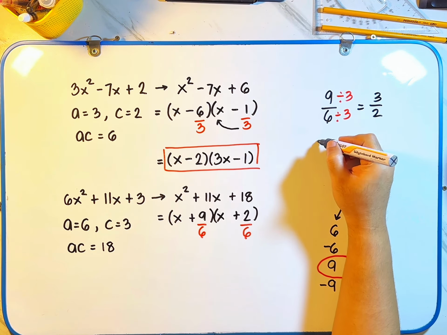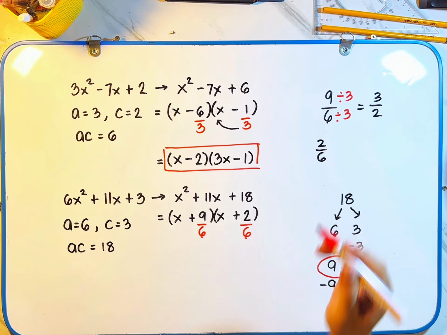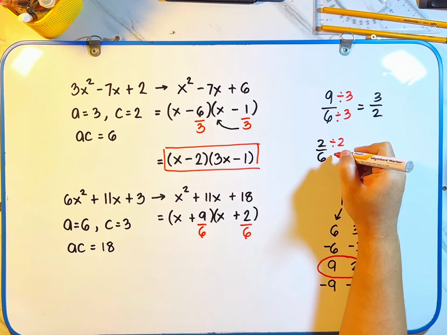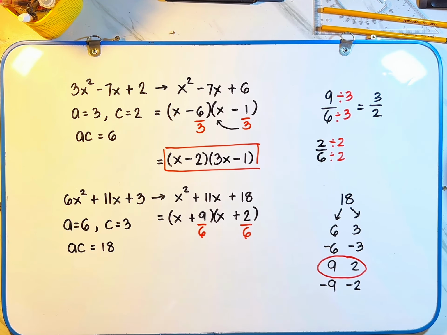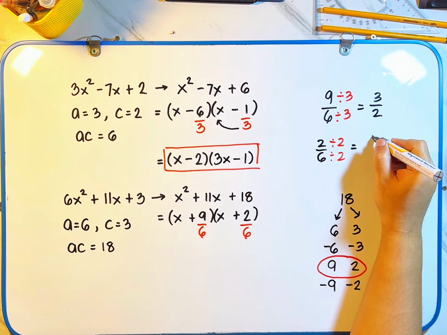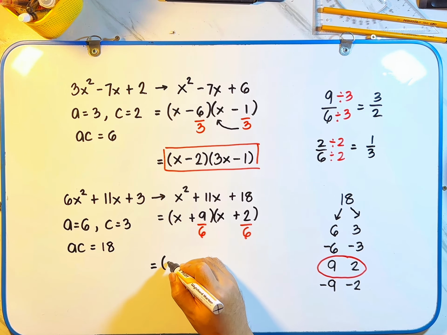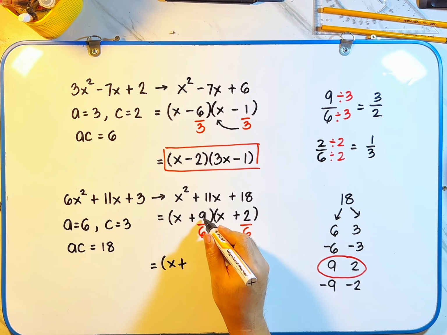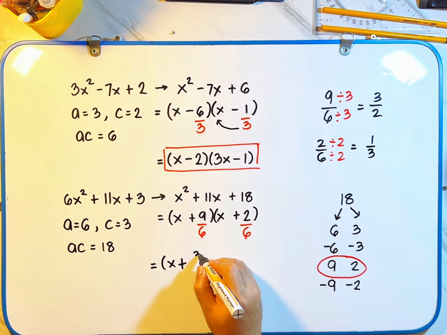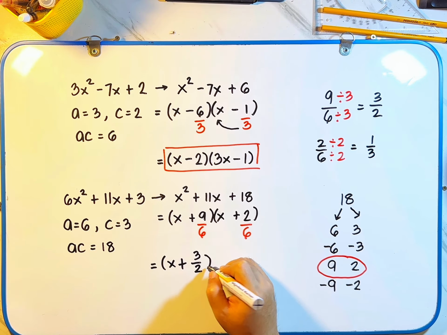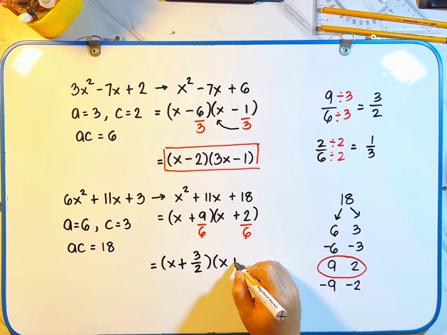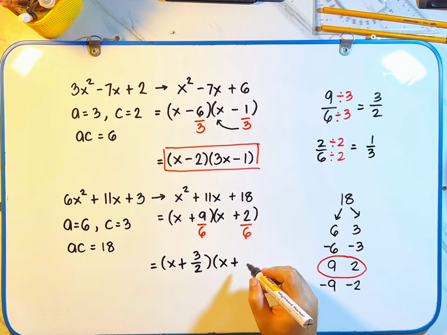While 2 over 6 can be divided both by 2. And this becomes 1/3. Therefore, we have x plus 9 over 6 is 3 over 2 times x plus 2 over 6, the lowest term is 1/3.